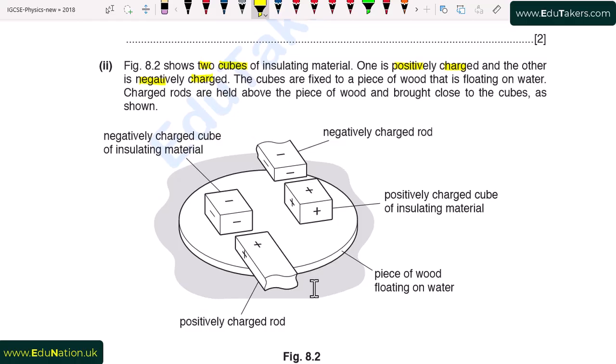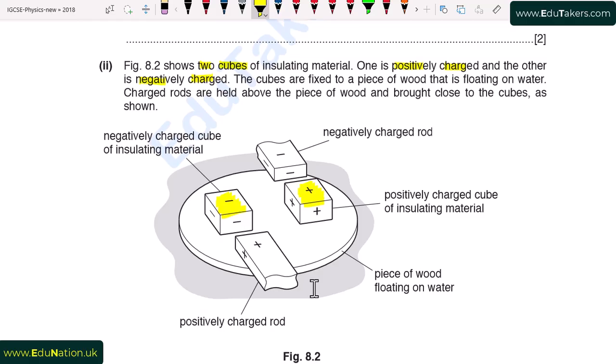Charged rods are held above the piece of wood and brought close to the cubes as shown. So first of all, there are two cubes. One is positively charged while the other is negatively charged. And two rods are brought close to this cube.